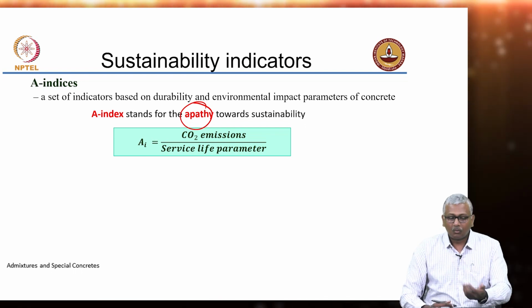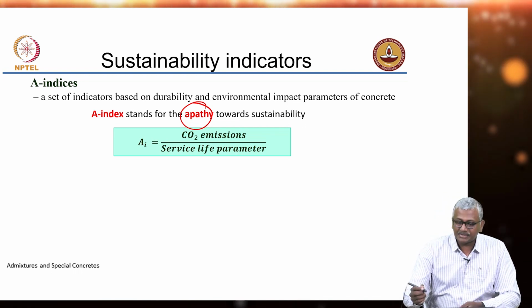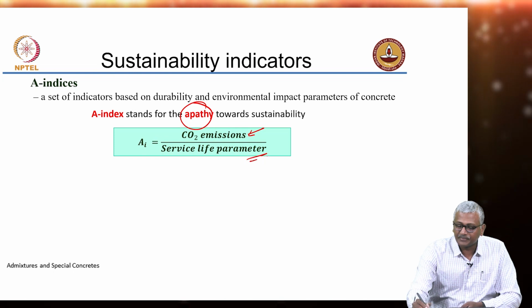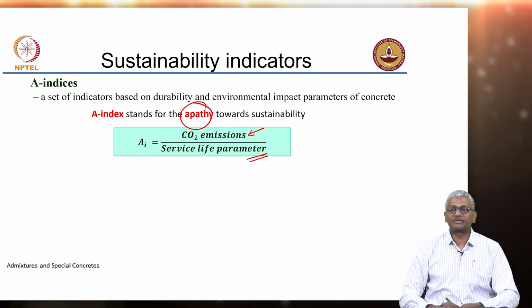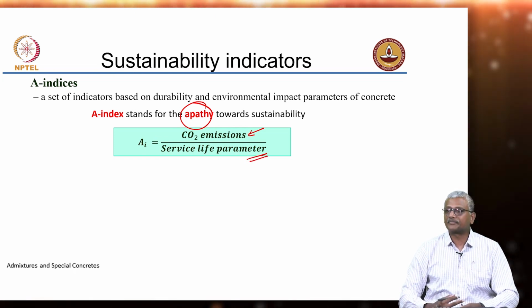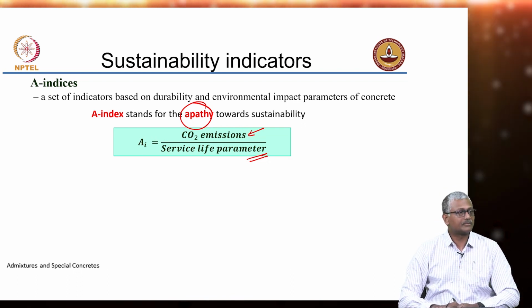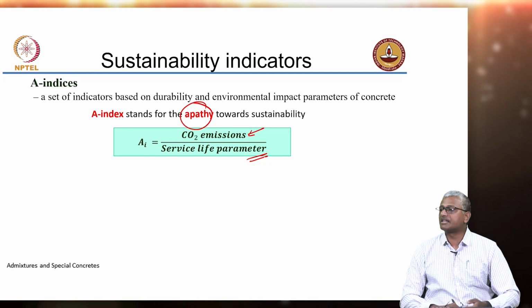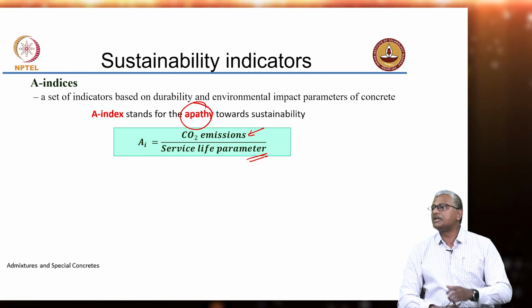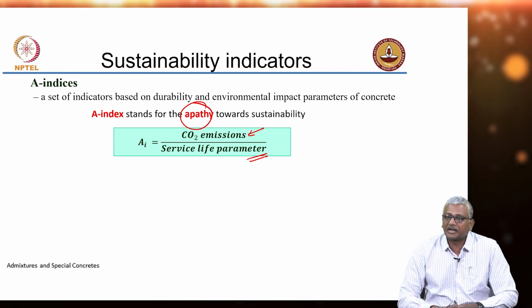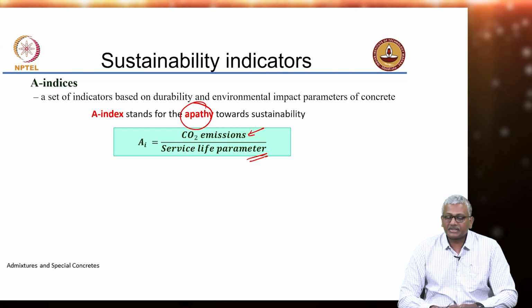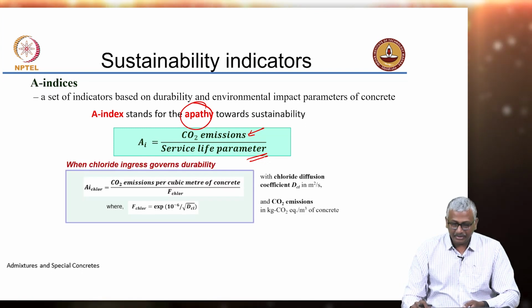So, what A index is doing is calculating the CO2 emissions as a fraction of the service life parameter. For instance, let us say chloride diffusion coefficient can be the service life parameter we define, or carbonation rate can be a service life parameter, right. So, that is basically the definition of A index.